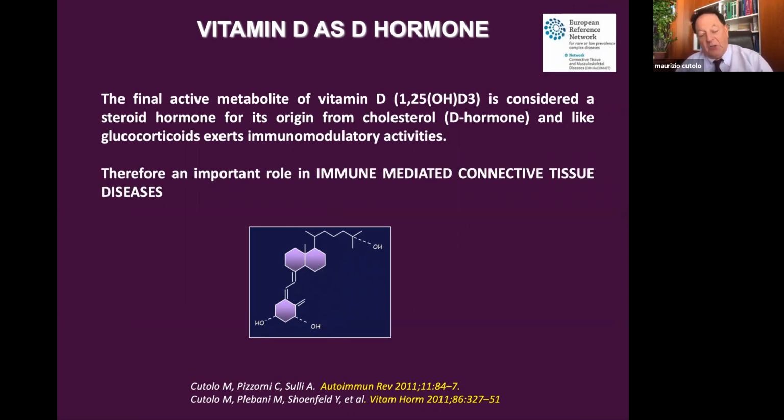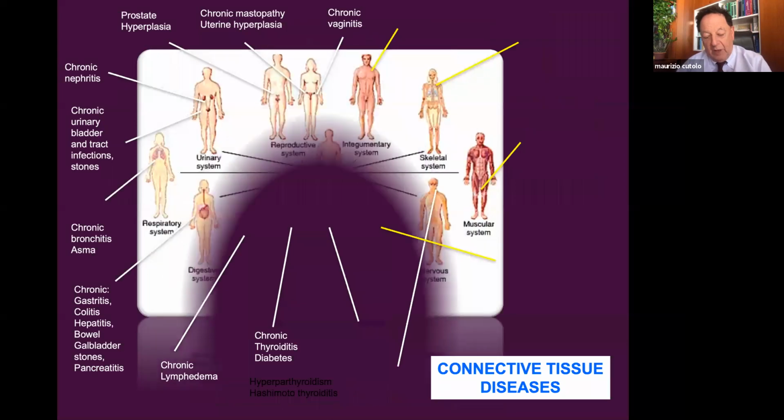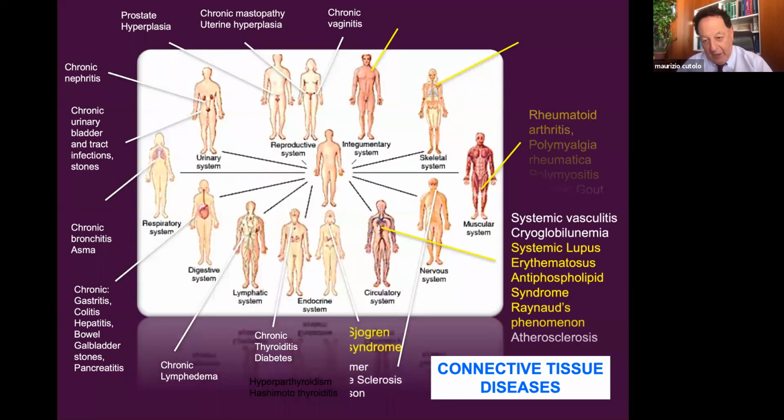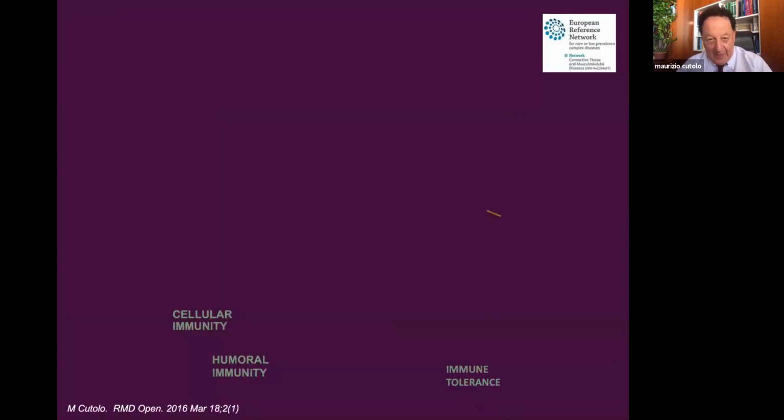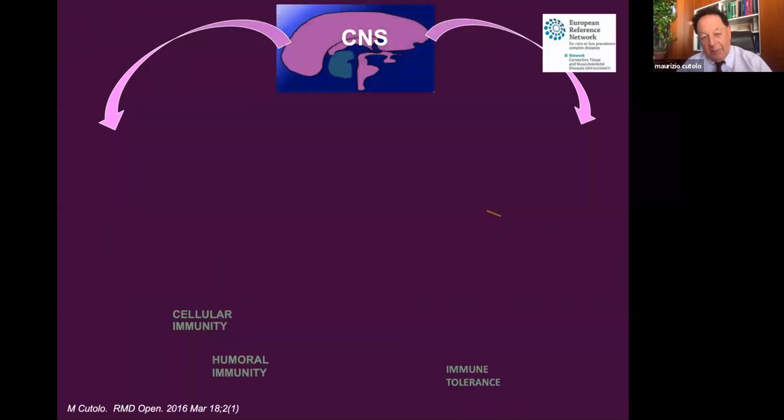And so, sharing the structure with steroid hormones, it's not a surprise that vitamin D modulates the immune system in some way.